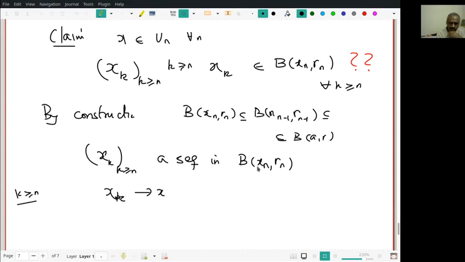Now I want to say x belongs to B(xn, Rn). Can I say that? No, because this is an open set. This is a sequence in this open set and it converges to x. x need not be there.